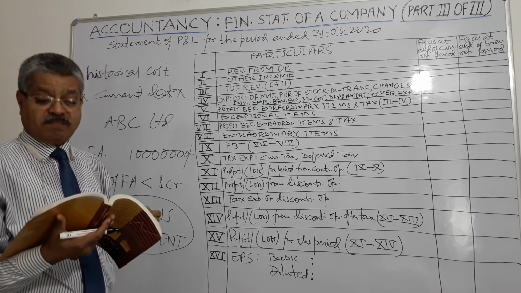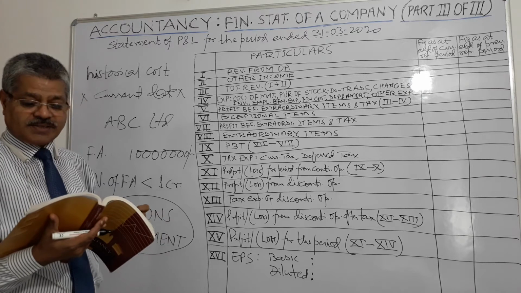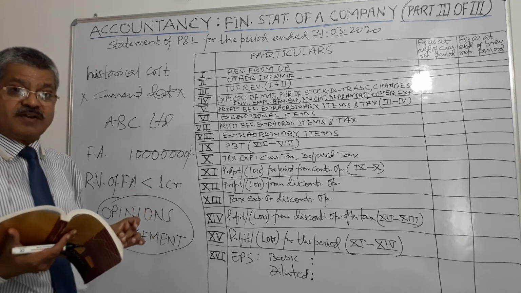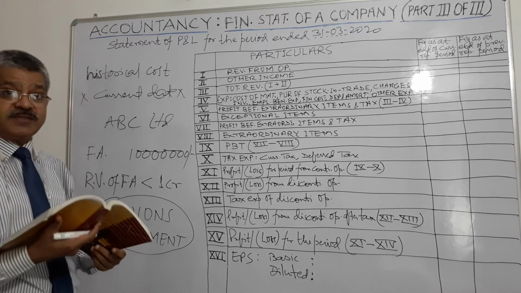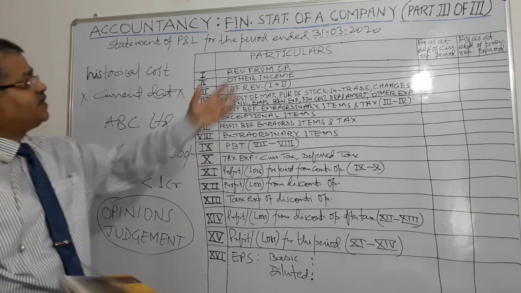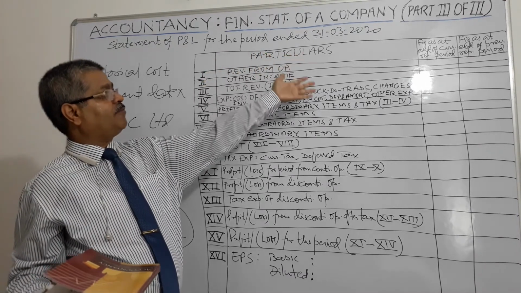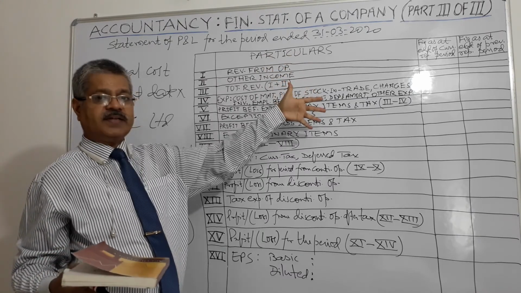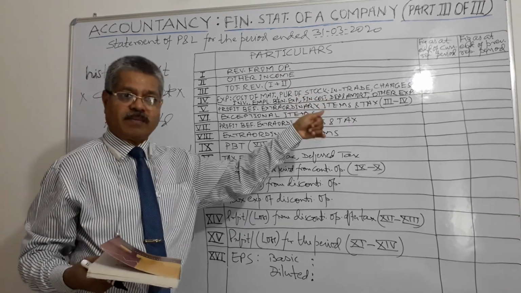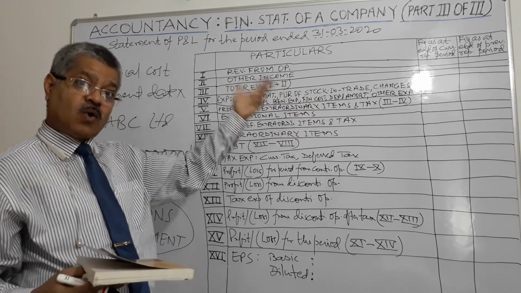Vital information missing. Balance sheets don't disclose information relating to loss of markets, cancellation of agreements. Suppose last year ABC Limited was having 5 major markets, right? This year it has only 4 major markets. One major market it has lost.